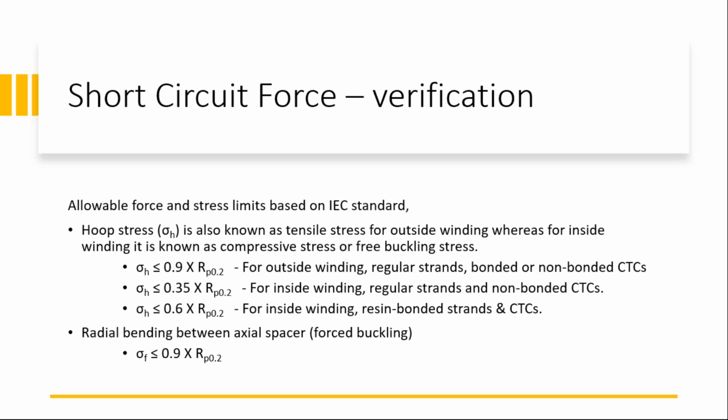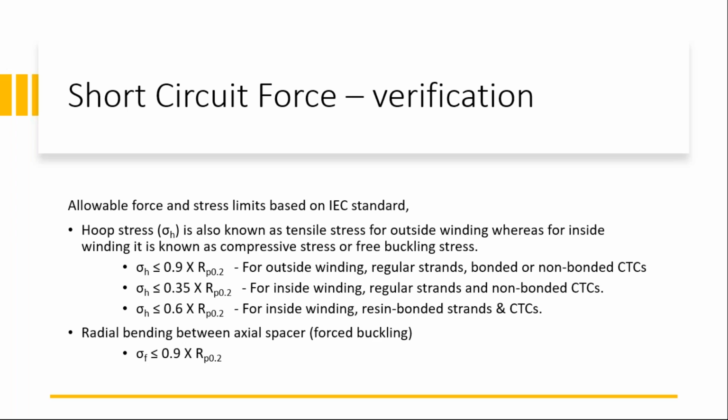If it is non-bonded, then it has to be limited to 35%. And in some cases, some utilities can come and have additional safety margin on top of this. Say, for example, we normally see for a bonded CTC, it has to be limited to 55% of the 0.2% proof strength material.